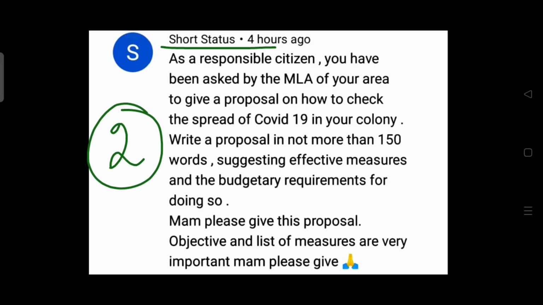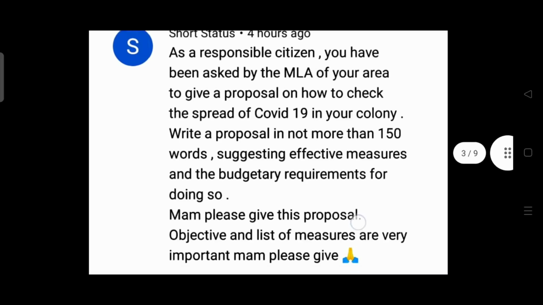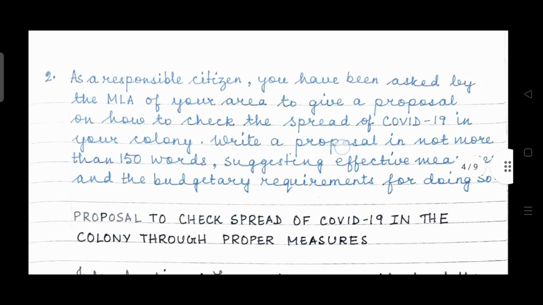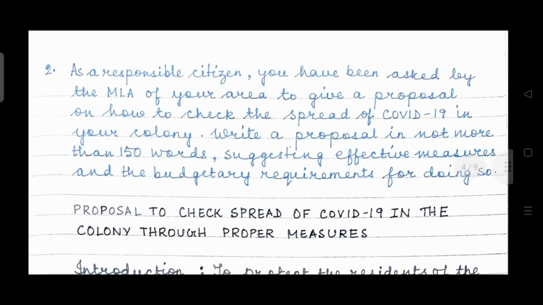In this question, the budgetary requirement is important. Therefore, I will mention it. In some proposals, we do not need to mention the budgetary requirement. So, I do not mention that. It all depends on the question. Let us now see what is the answer. Very quickly moving on to this answer.